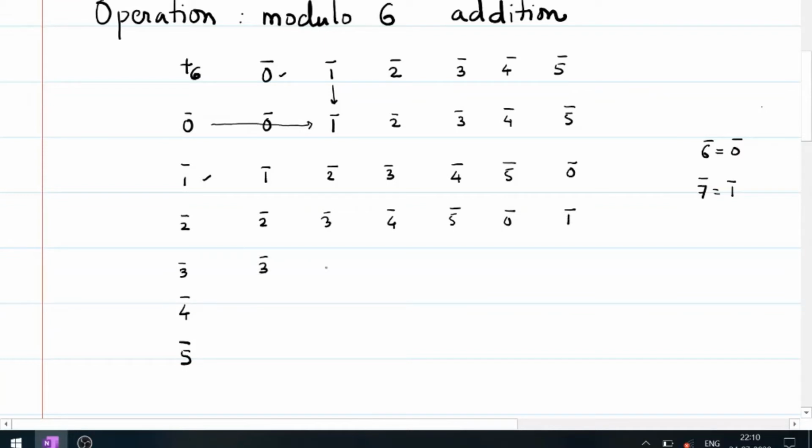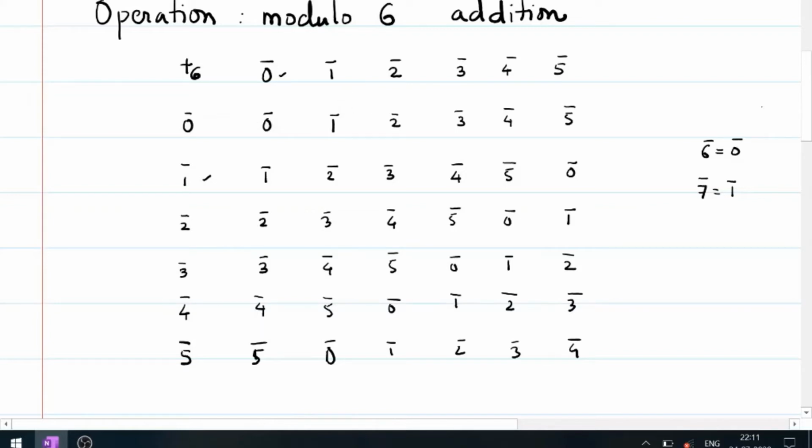I will complete this table in this fashion. And you see that it is not very difficult to do this table. So this completes the table of addition modulo 6.